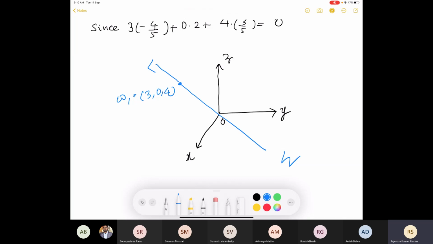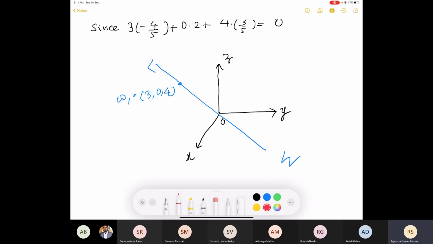And this is the line. Okay. W naught is here. So you can see this is W naught, 9 by 5, 0, 12 by 5. 9 by 5 is less than 3, so it will be here somewhere, but it is also on the same line.